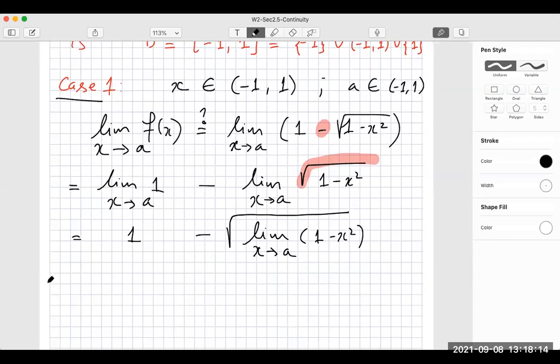And what is it here? Yes, when x approaches a, then 1 minus x squared will become 1 minus a squared, okay?